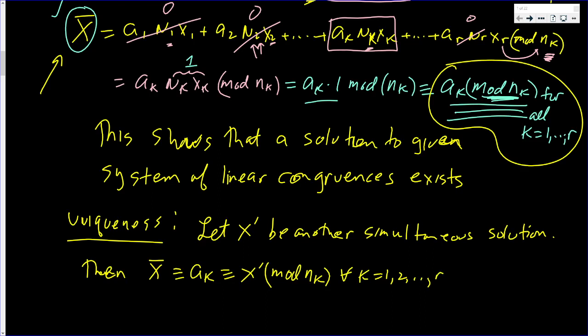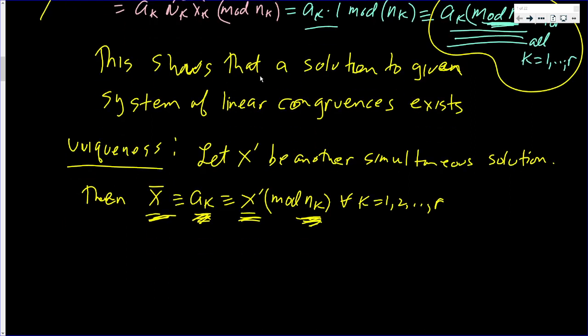That is, x bar and x prime are congruent to a sub 1 mod n sub 1, and x bar and x prime are congruent to a sub 2 mod n sub 2, all the way down to x bar is congruent to x prime, which is congruent to a sub r mod n sub r.